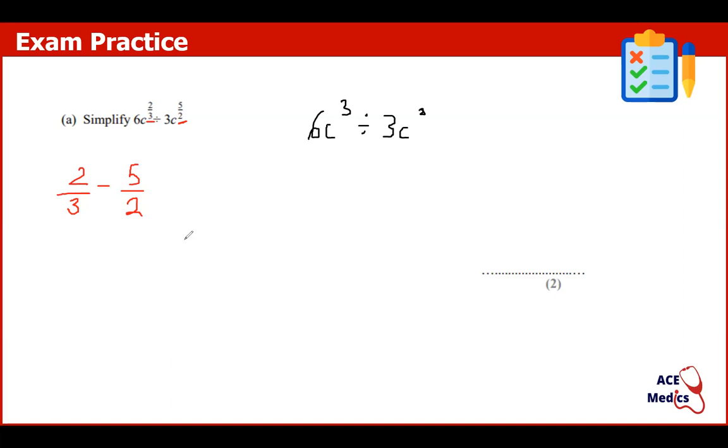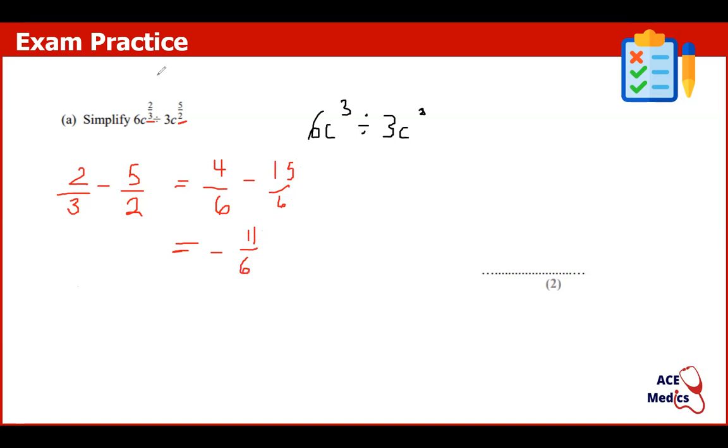So 2/3 take away 5/2 is going to be, we'll make the common denominator 6. So that's going to become 4/6 take away 15/6, which will become minus 11/6.